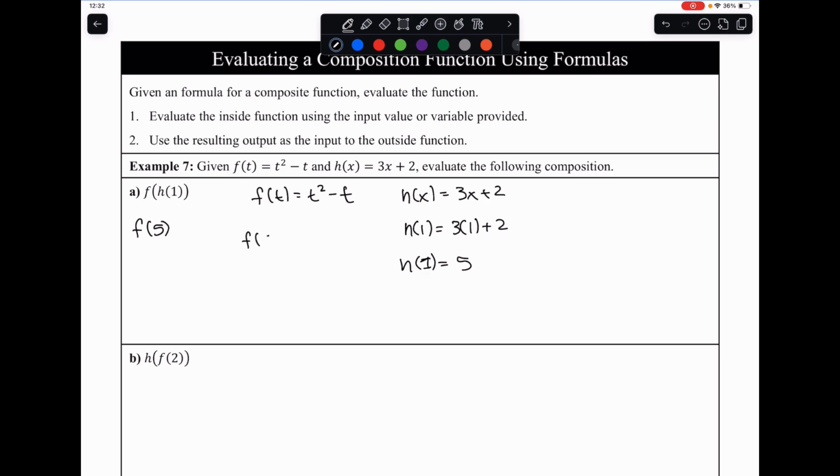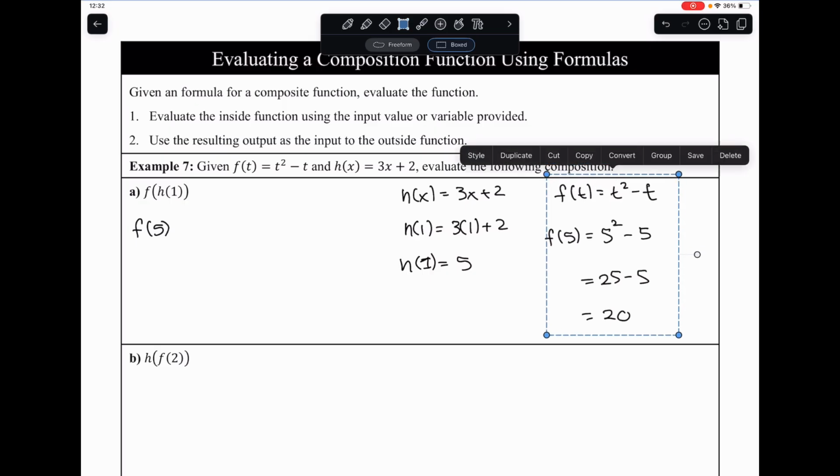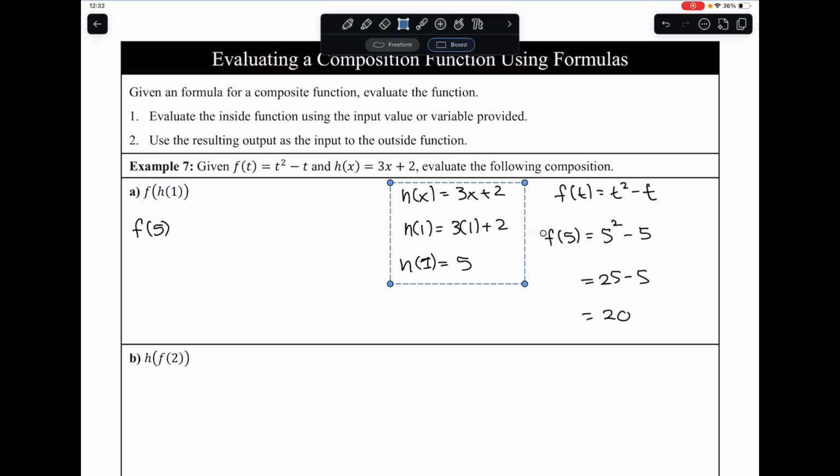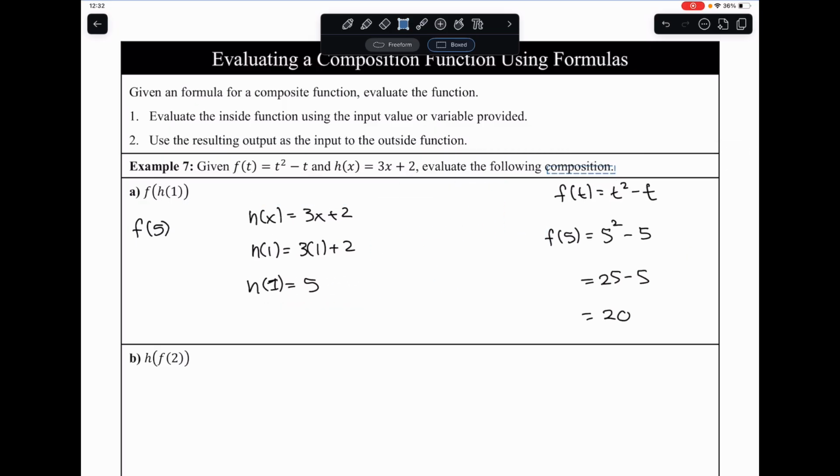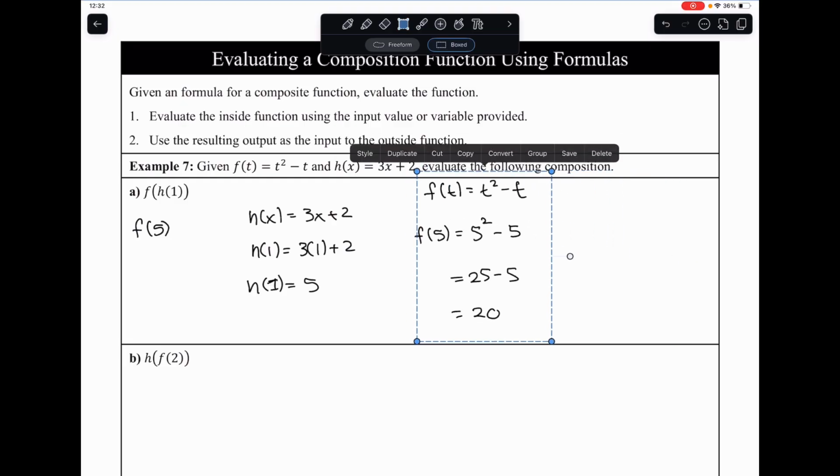So f of 5 will be 5 to the second power minus 5, which is 25 minus 5, which is a total of 20. And I probably should have done that from left to right and put this over here. So let me just rearrange this and do that, okay?